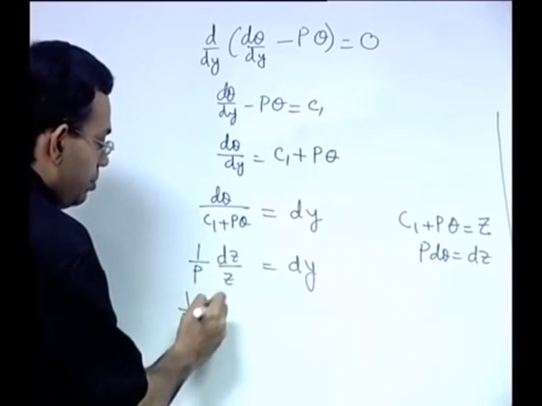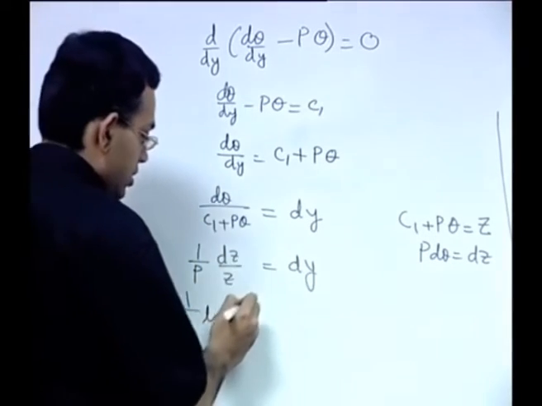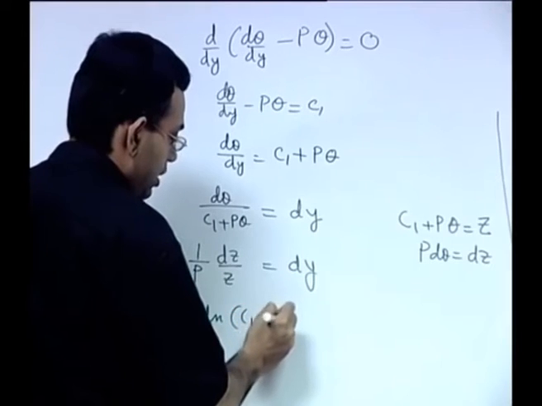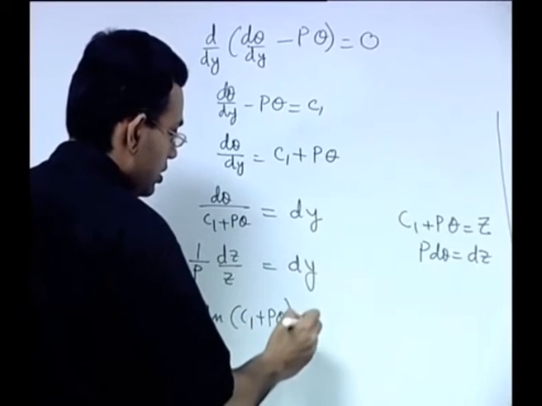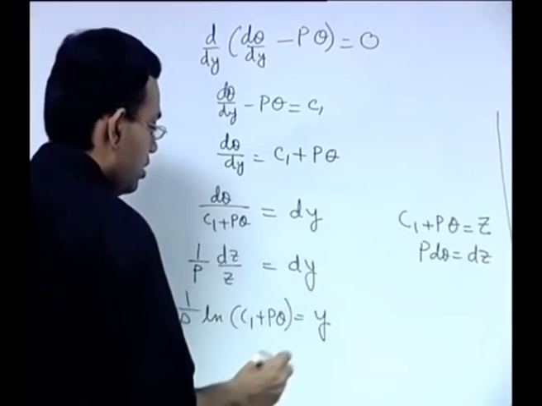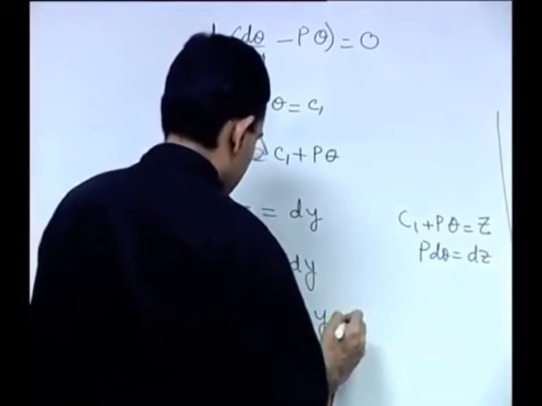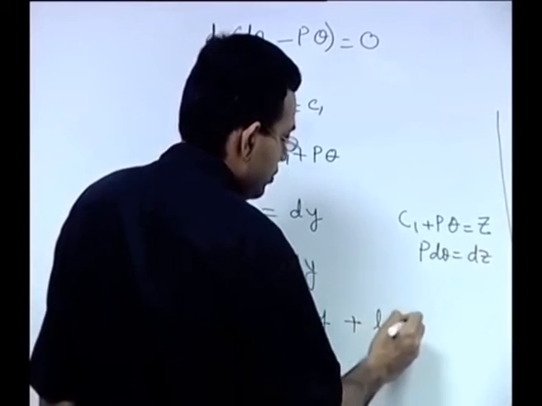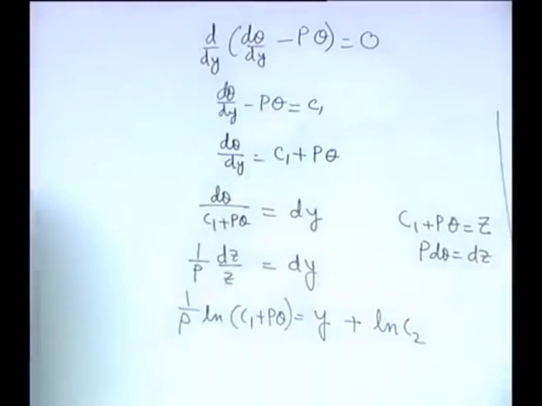That means 1 by P ln of (C1 plus P theta) is equal to y plus some constant of integration, say ln C2.